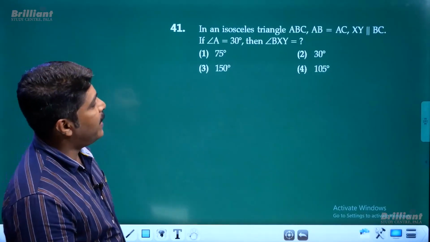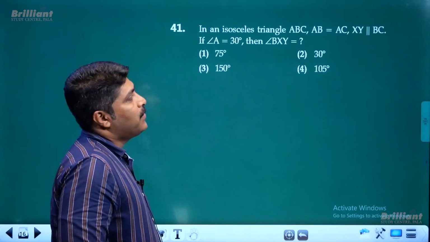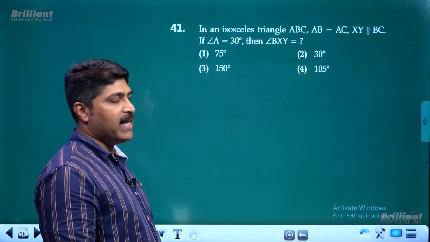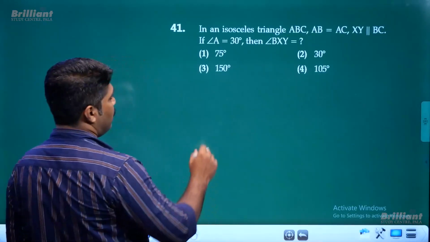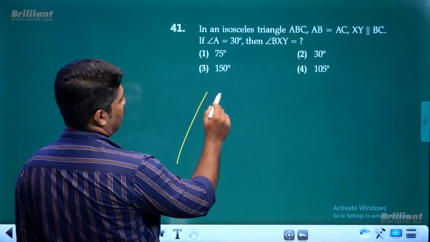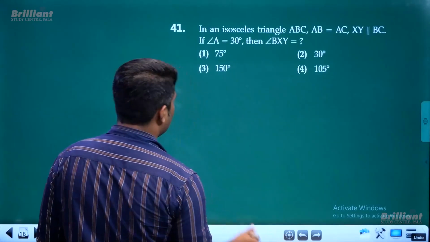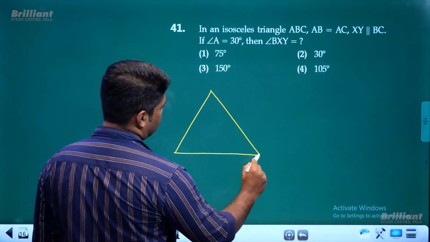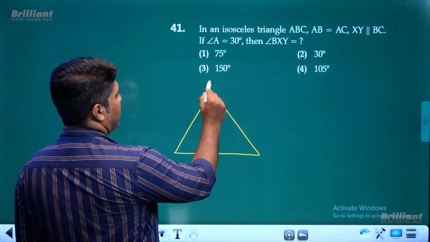In an isosceles triangle ABC, AB equal to AC, XY parallel to BC, angle A equal to 30 degrees, then find angle BXY. Here also you have to draw a diagram. It's also an isosceles triangle. We just draw an isosceles triangle ABC.